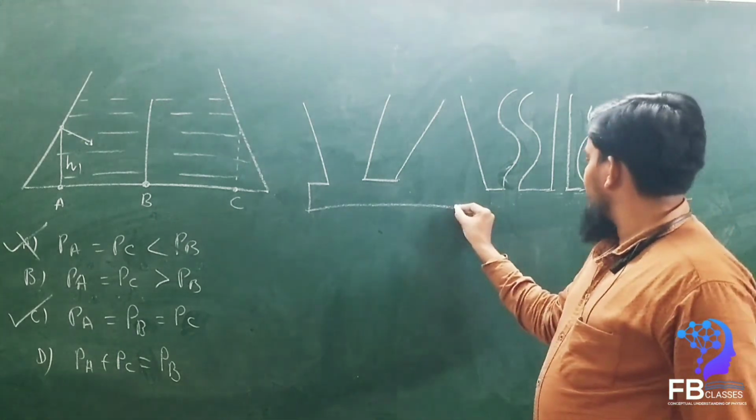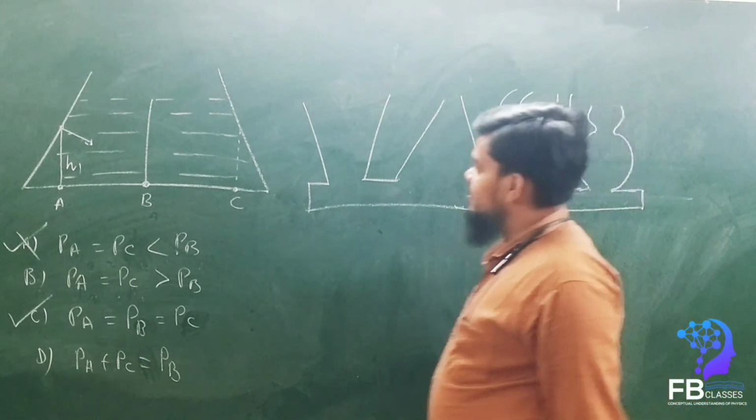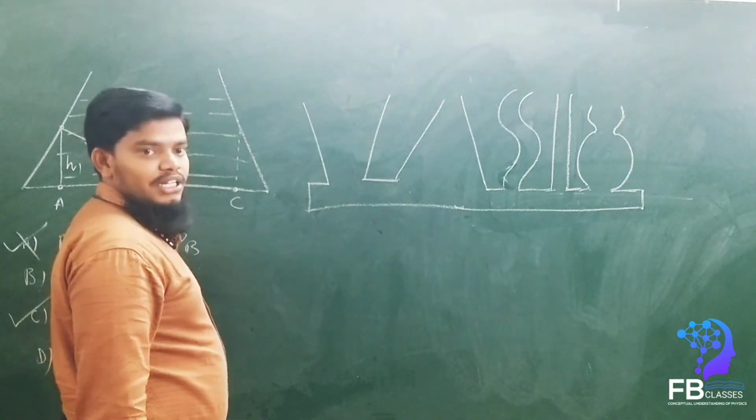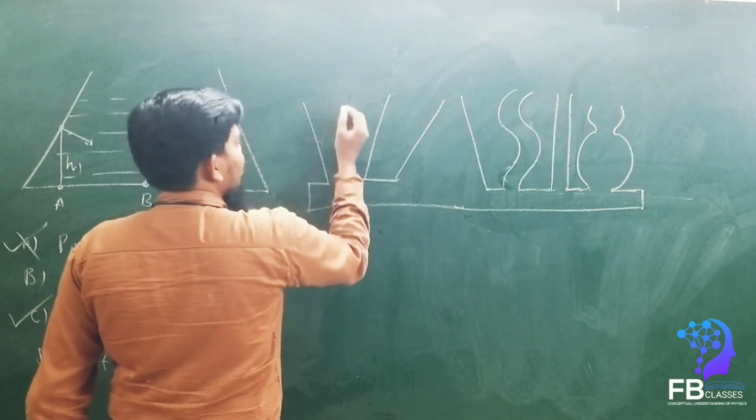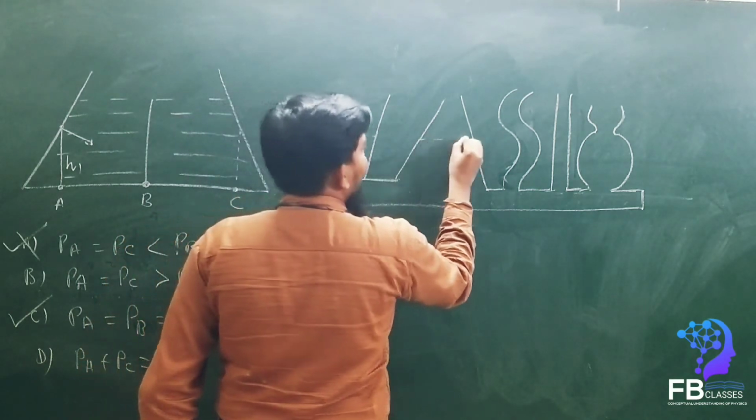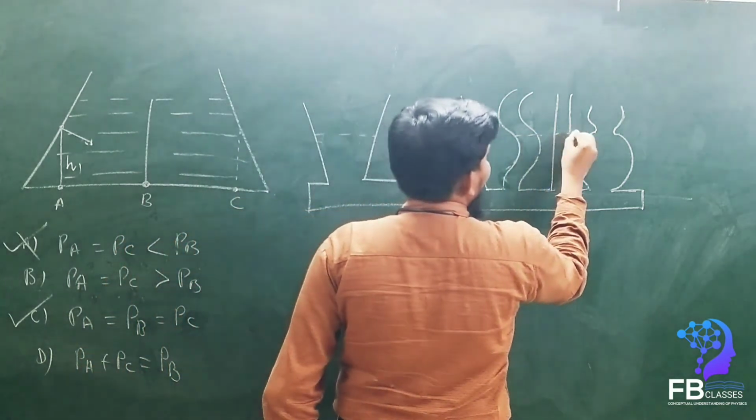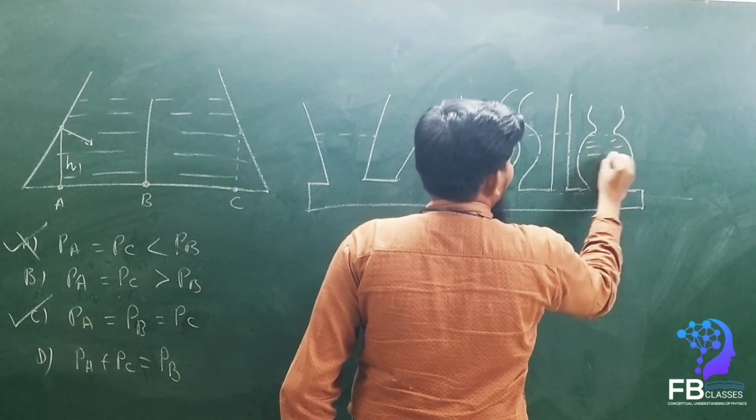If the base is the same for all the containers and you pour water or any liquid, the height will settle equally in all the containers.